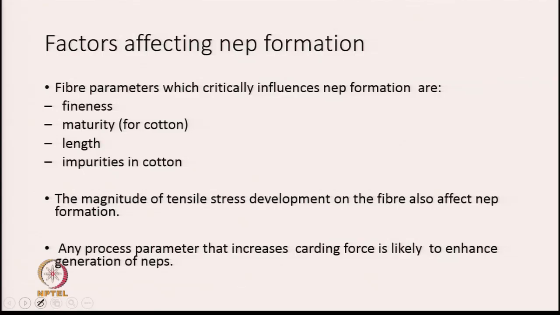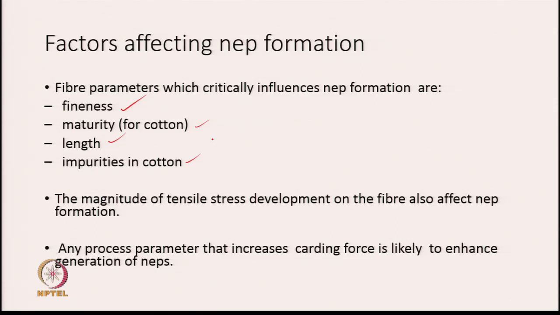Factors which affect NEP formation: fiber factors are fineness of the fiber, the maturity value in the case of cotton, and the length parameter of the fiber. In the case of cotton, another parameter which comes in is impurities in cotton.